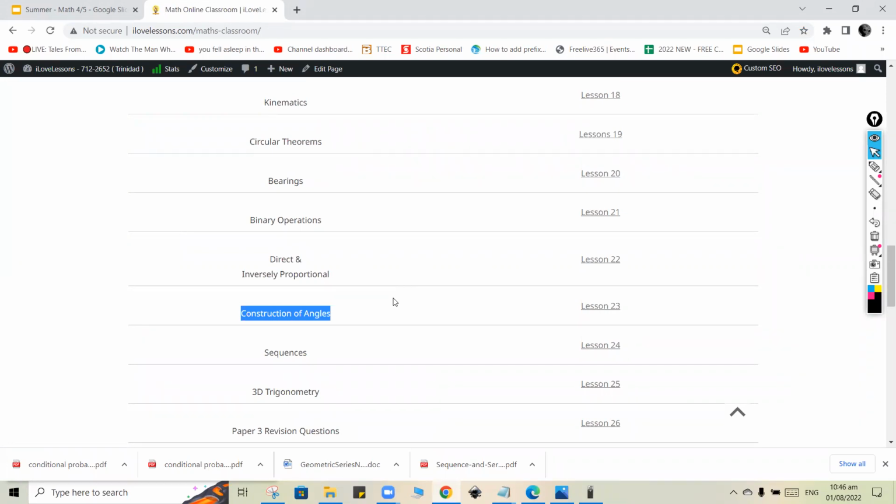Now, it includes creating angles using a compass, but it also shows you over and over how to bisect a line or to cut a line in half, which you will need for next week, plus a compass.